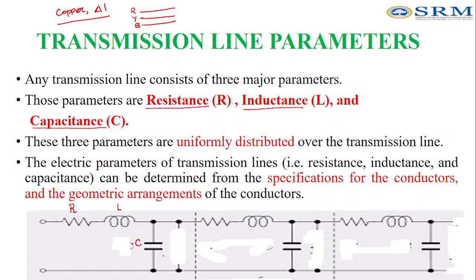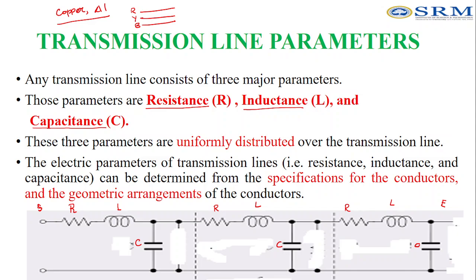So this is RLC, and this is the starting point of the transmission corridor, and this is the end point of the transmission corridor. Till the end of the transmission corridor, we can see R, L, and then C, R, L, and then C. So all these parameters are uniformly distributed along the transmission corridor.